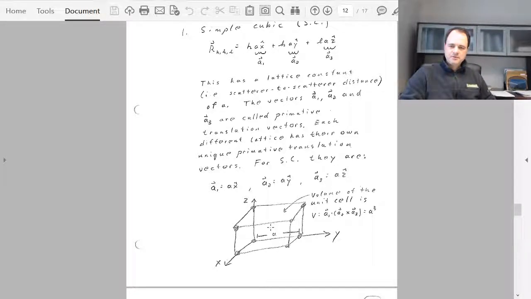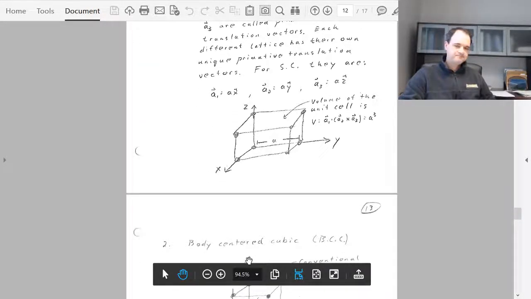The volume of this box, which will be important for calculation later on, is given by this vector equation, A1 dot A2 cross A3. This is the volume of a parallelepiped. You can always take those 3 vectors describing this volume and do this operation, and it gives you the volume of the box. And that turns out to be a cubed. So, fairly simple. So that's the simple cubic.